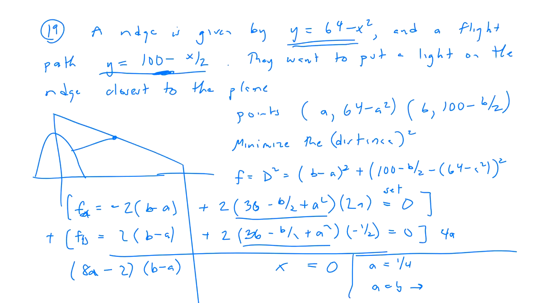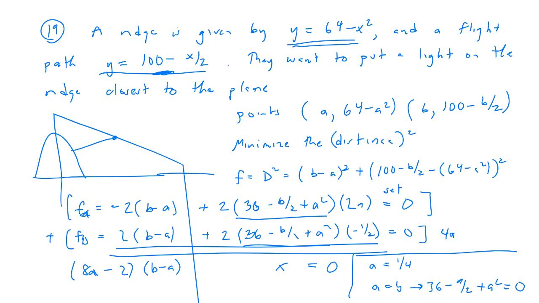So if I plug this into this equation, the first term is just going to go away. I don't care about the constant, even though it's -1. So I get 36 minus b over 2, so 36 minus a over 2 plus a squared. And if you look at that, I don't really have much room for it, but does that have any solutions?